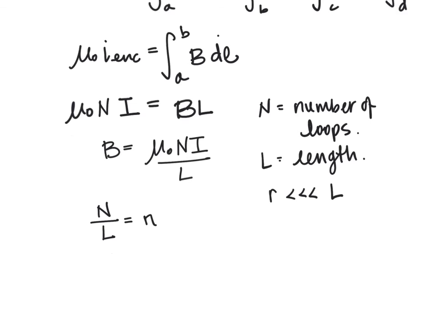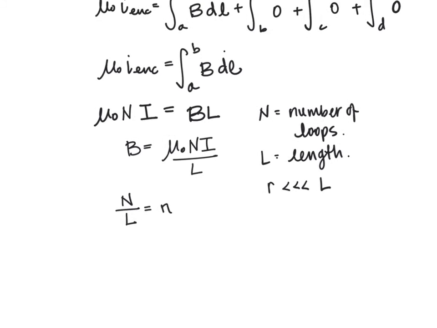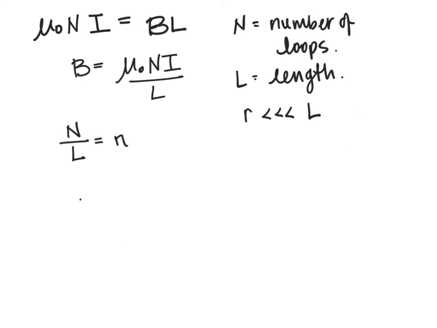So that's sort of the loop density, if you want to call it that. And then that means that our magnetic field deep inside a tightly wound coil of wire solenoid would be mu naught little n times I.